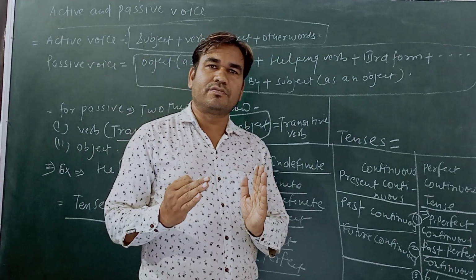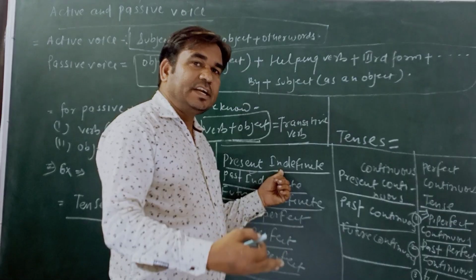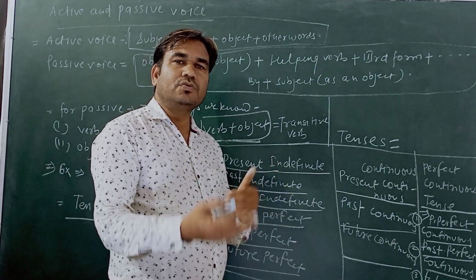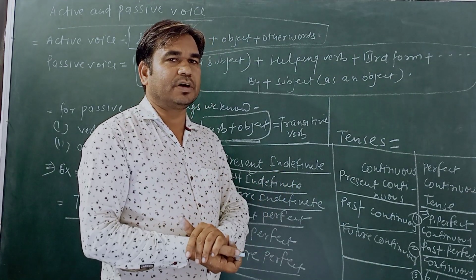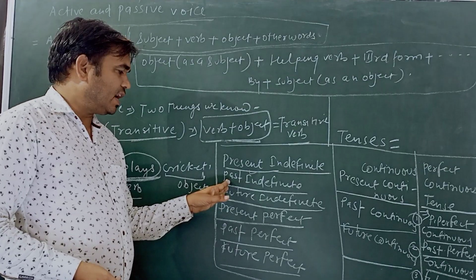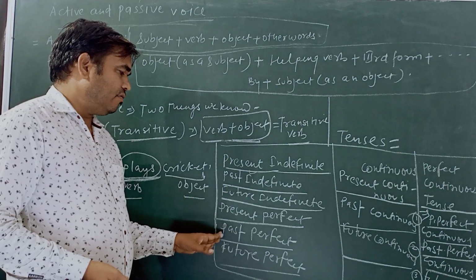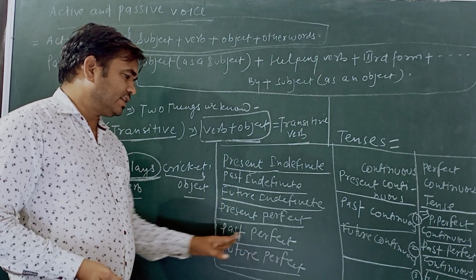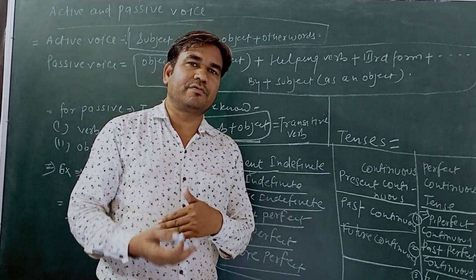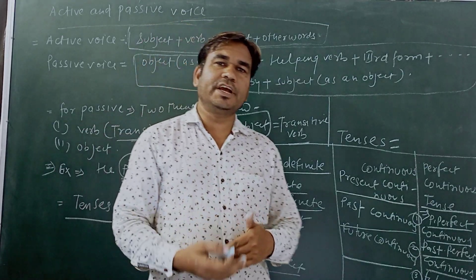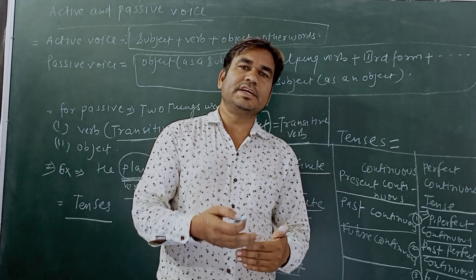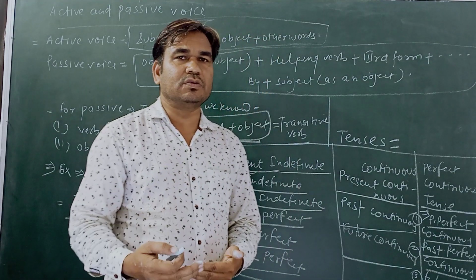to take only the verb of the next sentence. The next sentence after present indefinite is present continuous, so you have to take only the continuous verb. In the same way for past and future, and when the tense is present perfect, you have to take the helping verb of the next sentence, that is present perfect continuous.